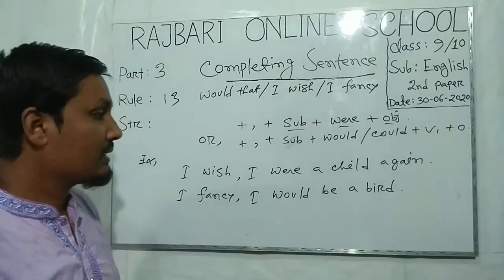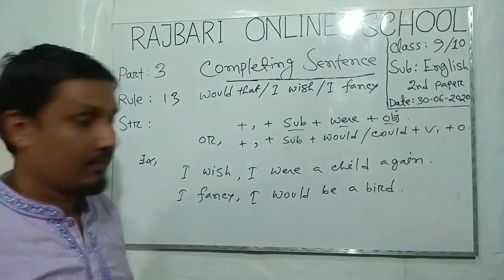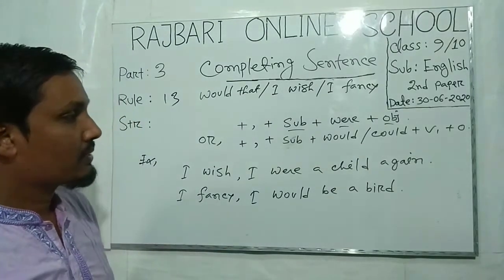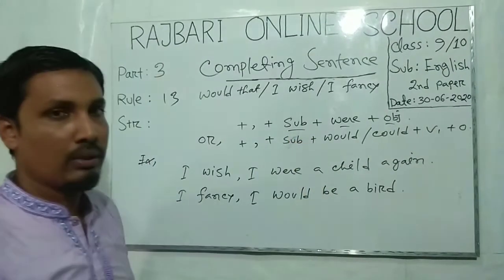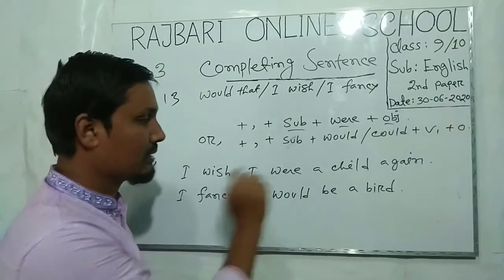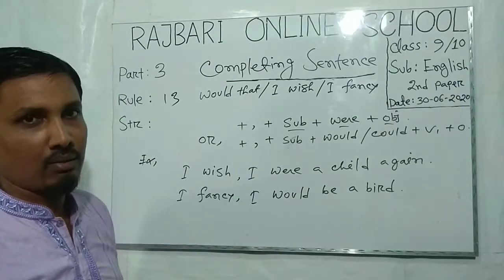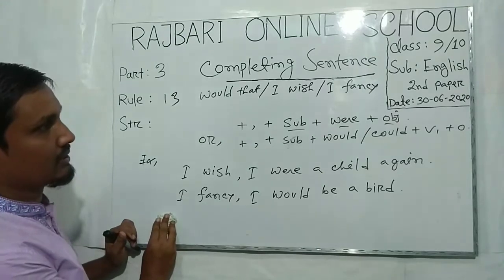Okay, it is my opinion or dream that I would be a bird. For such types of sentence you have to follow rule 1 or rule 2. If you do that with were or would be, that will be right. Okay, my dear student, I hope you have understood this sentence.